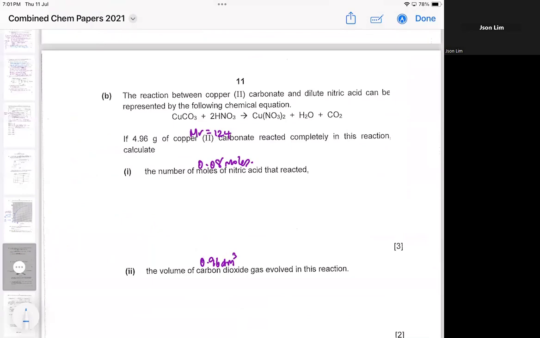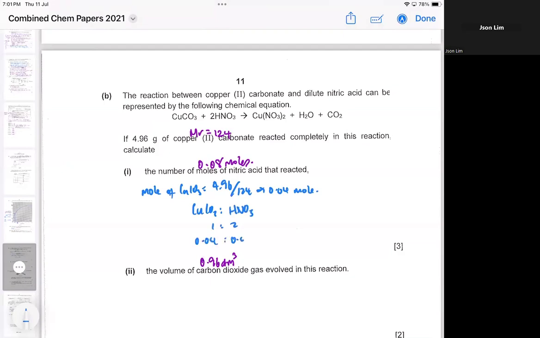So first of all, for this case, I will find the moles of copper 2 carbonate. So 4.96 divided by 124. Yeah, that's the calculator first. 0.04. Okay, and then because copper 2 carbonate to HNO3 is in the ratio 1:2, so 0.04, 0.08.